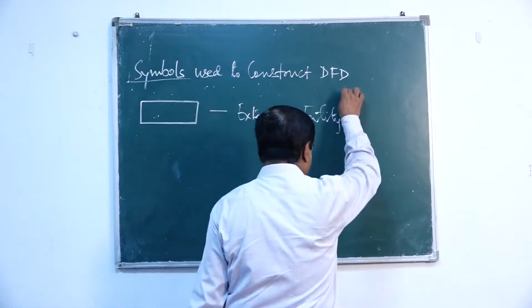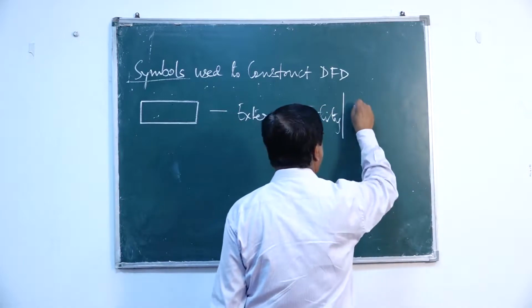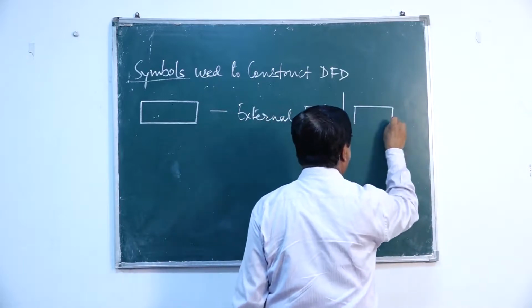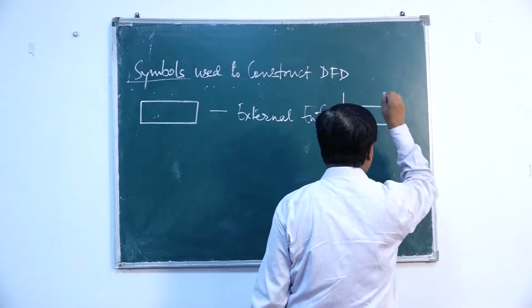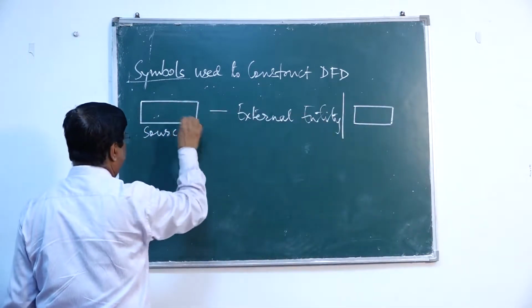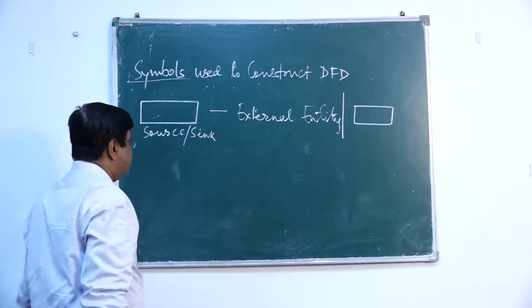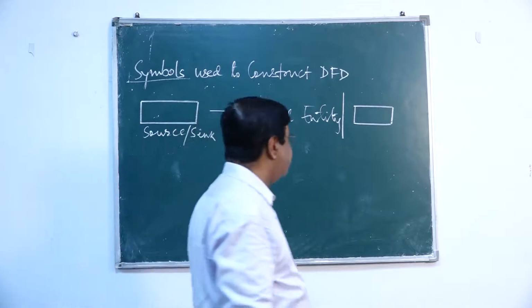Now, the rule to construct a DFD is that this is called source or sink. This is used to show the source or sink.